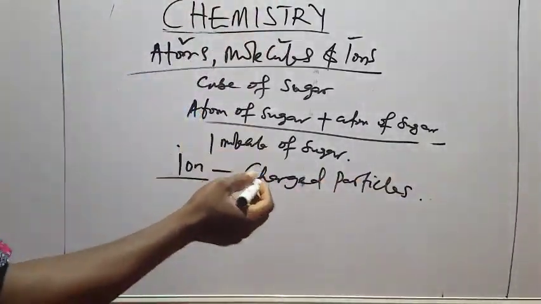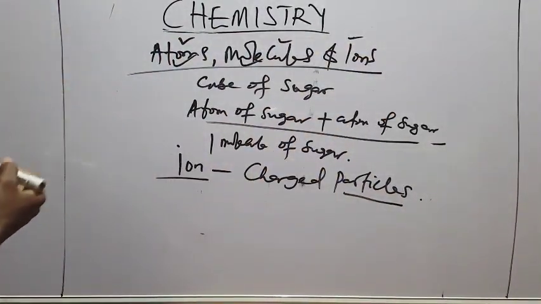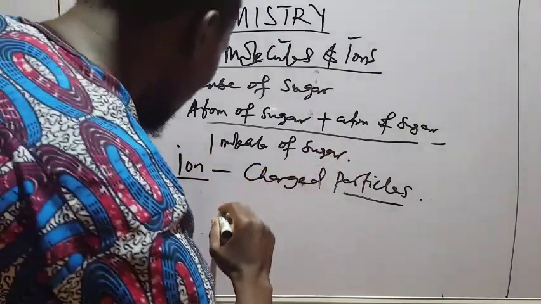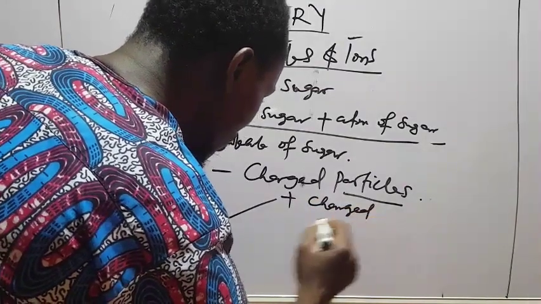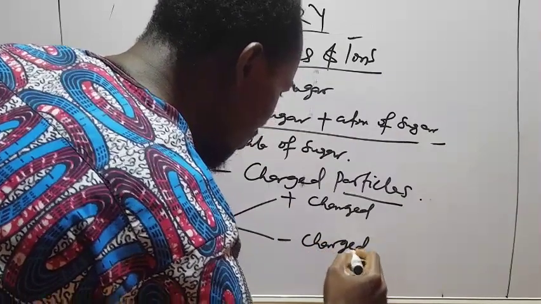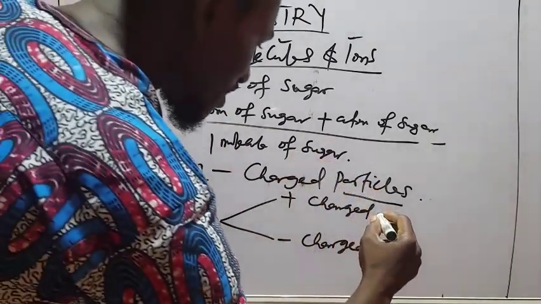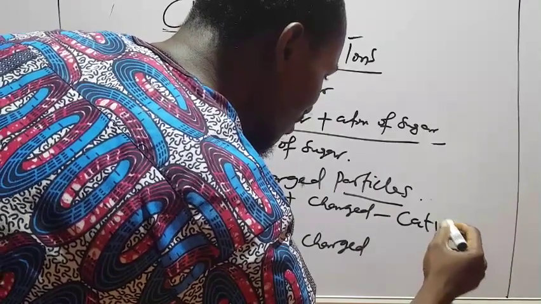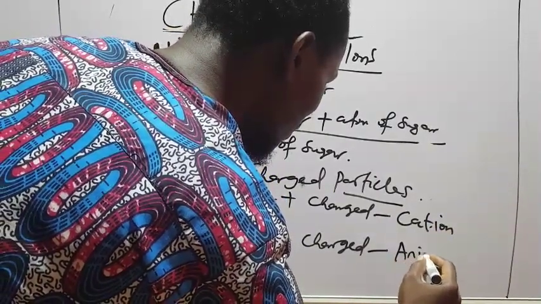Ions might be charged atoms and they might be charged molecules. So there are two ways that an ion can exist. It can be positively charged, and it can also be negatively charged. When we get to electronic configuration, we look at how these charges are formed. Positively charged ions are called cations, and negatively charged ions are called anions.